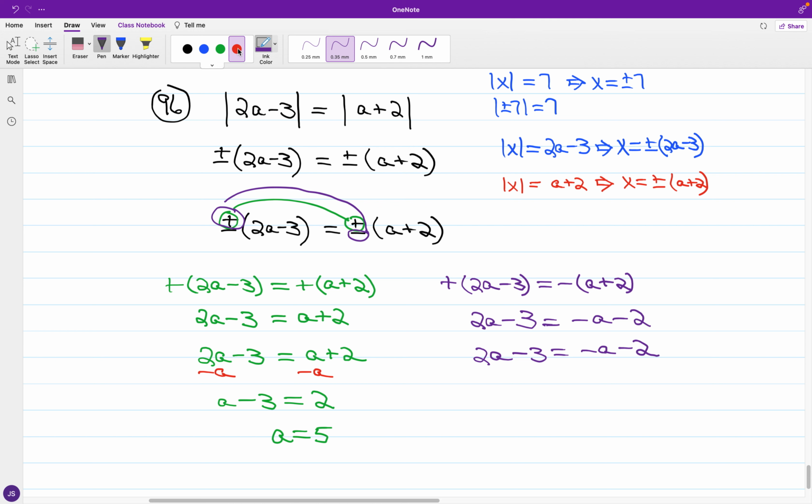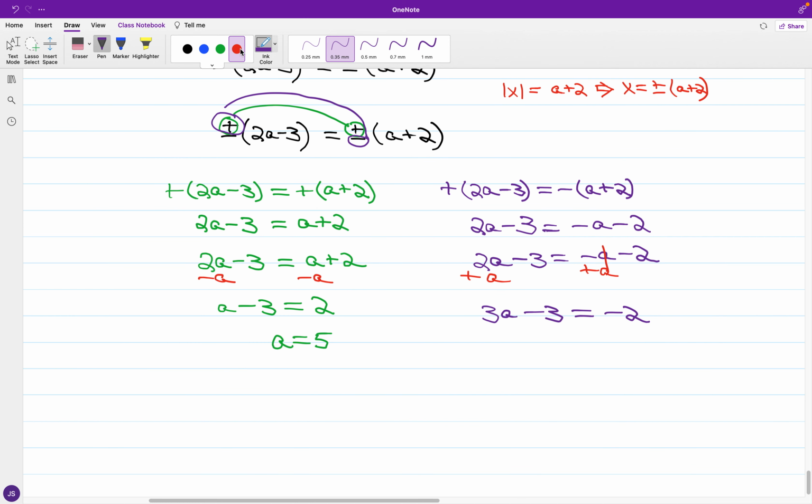And if I combine variable terms together, the left hand side will have 3a minus 3 is equal to negative 2.